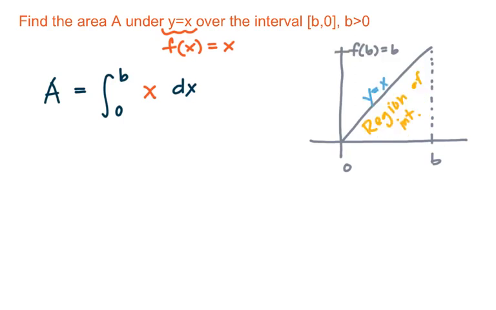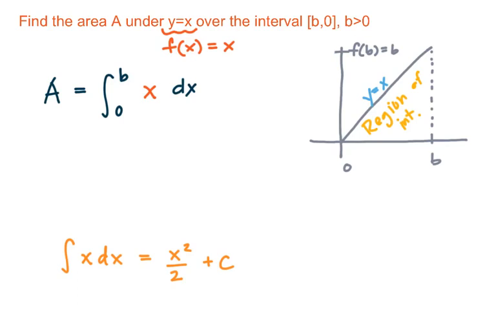So if I were to calculate my indefinite integral of x dx, which we learned about previously at the beginning of this section, that would be x squared over 2 plus c, plus some arbitrary constant c.